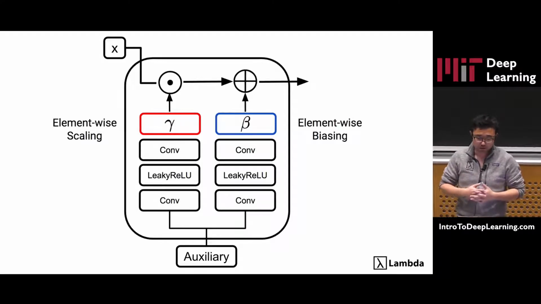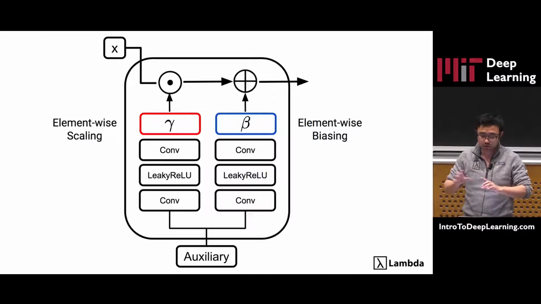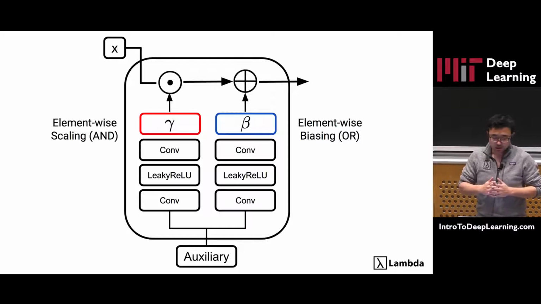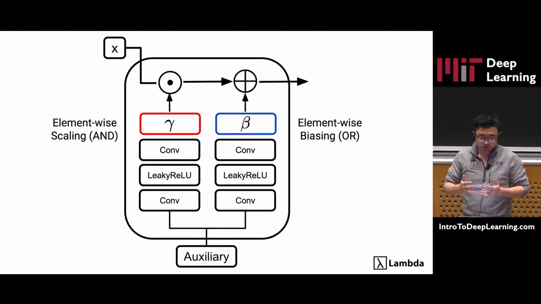The argument to have both scaling and biasing here is they capture different aspects of the relationship between the 2 inputs. You can think of element-wise biasing as sort of an OR operator, which checks if a feature is in any one of these 2 inputs. In contrast, element-wise scaling is an AND operator, which checks whether the feature is in both of these two inputs.